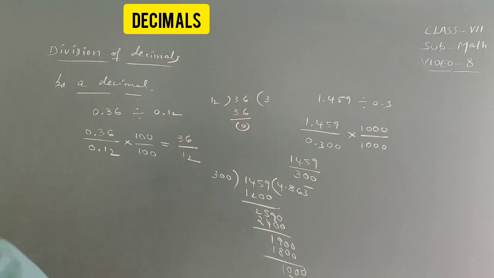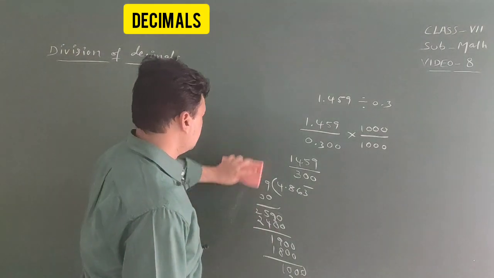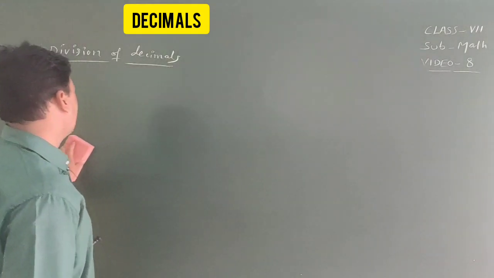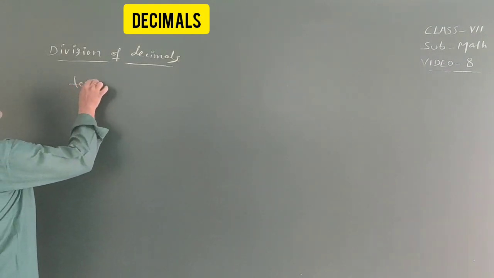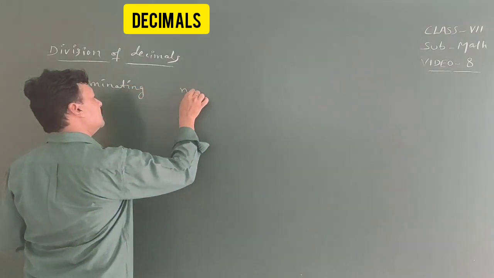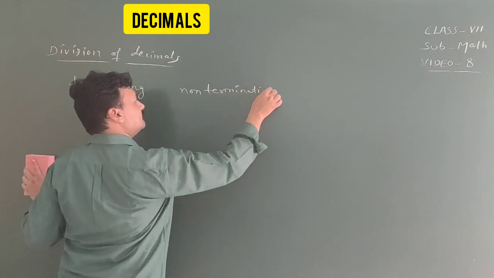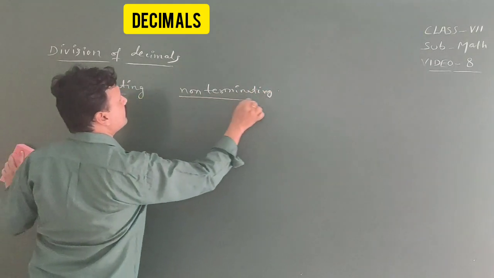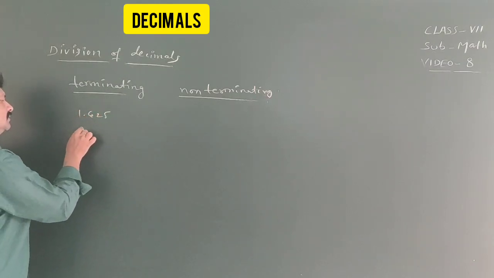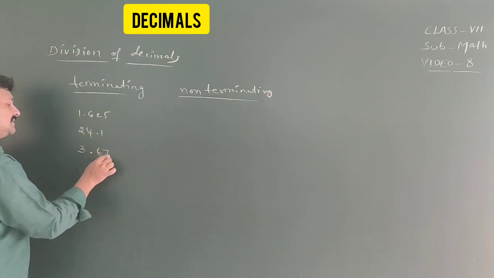We have two types of decimals, terminating and non-terminating decimals. In the earlier 6th class we already read these things. Terminating means there is an ending decimal place, like 1.625, 24.1, 3.6785.